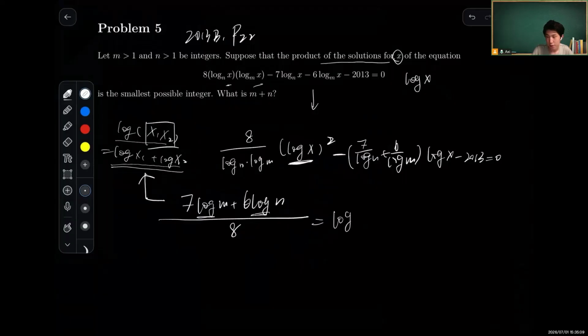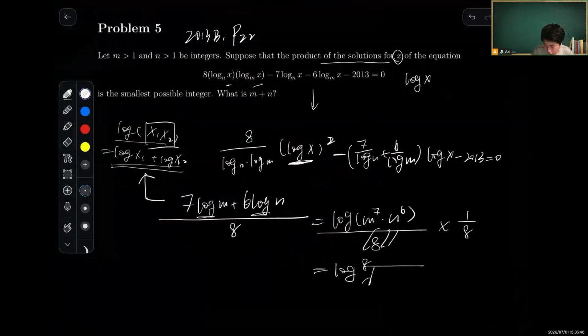So we want to move it out so that we actually know x1 times x2. This can be simplified down to log of m to the 7th degree times n to the 6th degree, divided by 8, which is also multiplied by 1 over 8. So the entire expression is actually log of the 8th root of m to the 7th degree times n to the 6th degree. And now we can remove the log sign because both sides have a log sign.